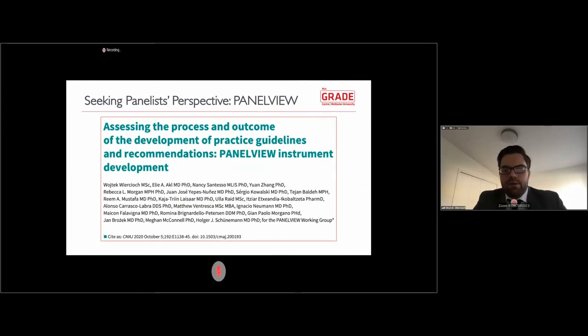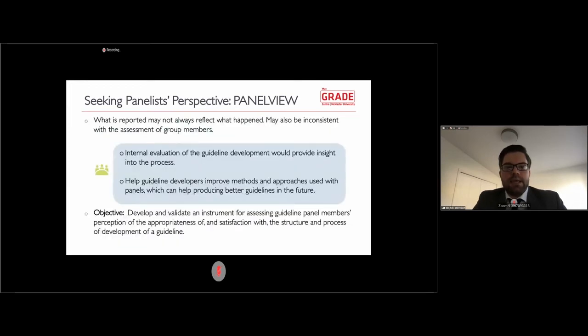I'll go over a few details of how we developed the instrument and what it will allow us to evaluate with guideline panel members. So internal evaluation of the guideline process would provide better insight into the process and specifically what occurred during the guideline development.